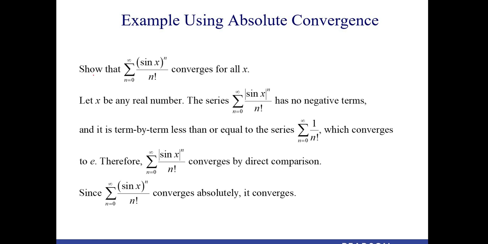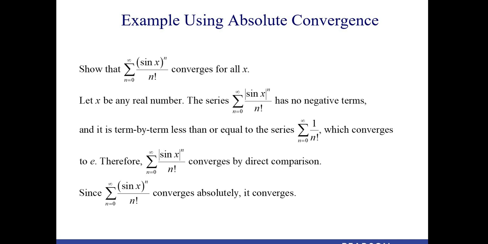So let's look at that. So here's a series. We want to know whether or not this converges for all x. So we're going to take the absolute value of the series. I don't need to put an absolute value over n factorial because that's always positive. So now I have a series with no negative terms. Up here, I had a series that alternates, had positive and negative terms.